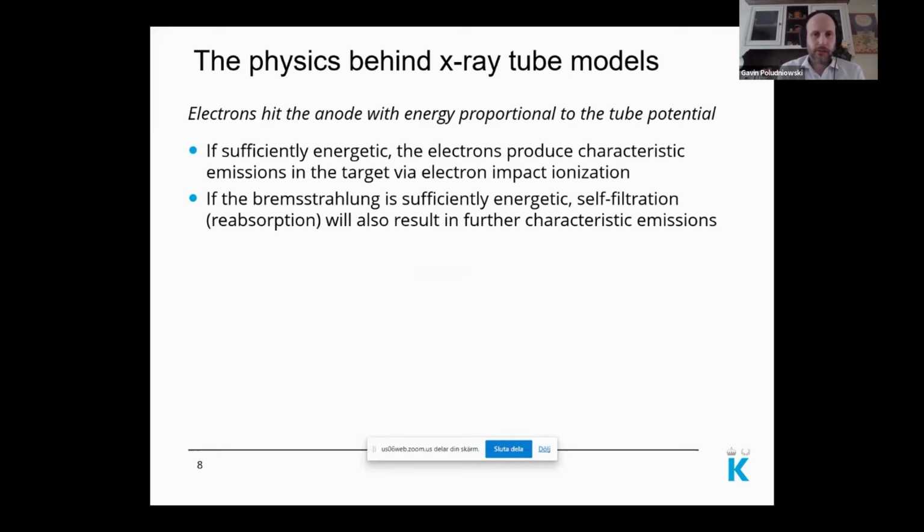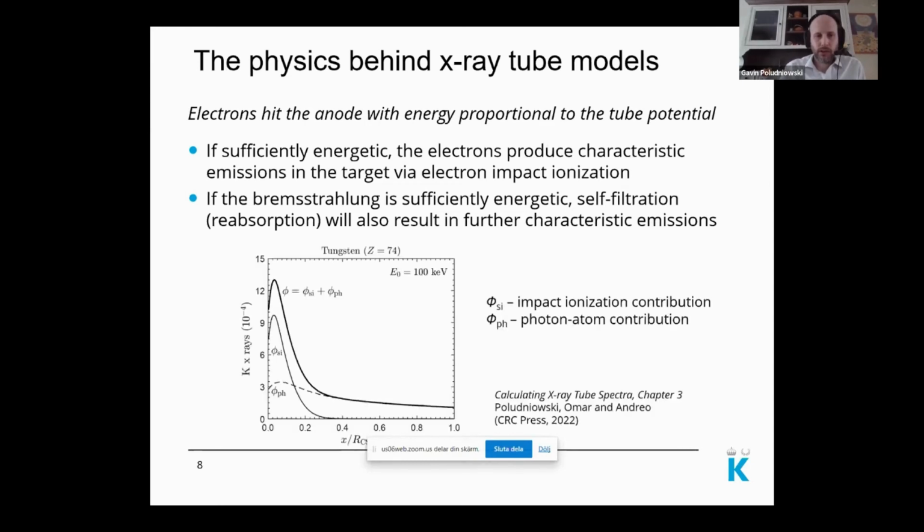If sufficiently energetic, the electrons produce characteristic emissions in the target via electron impact ionization. So they knock electrons out of the atoms, and then we have atomic relaxations. But also, the Bremsstrahlung itself, through this self-filtration we talked about, can be reabsorbed if it has enough energy, and that can result in further characteristic emissions.